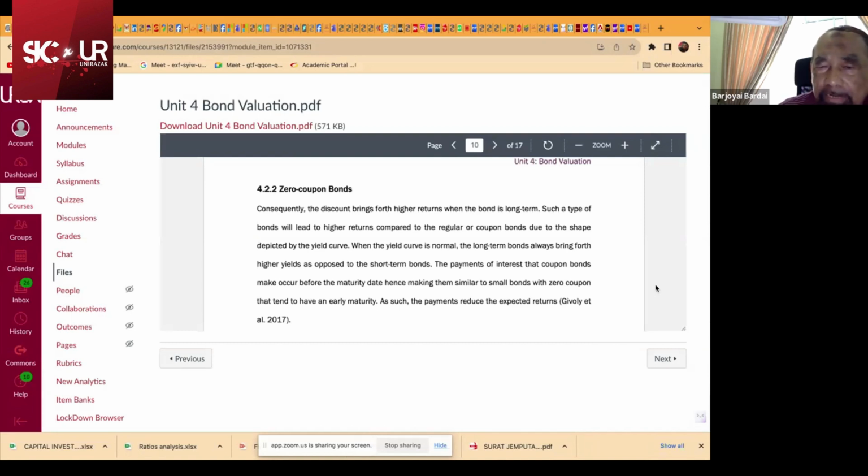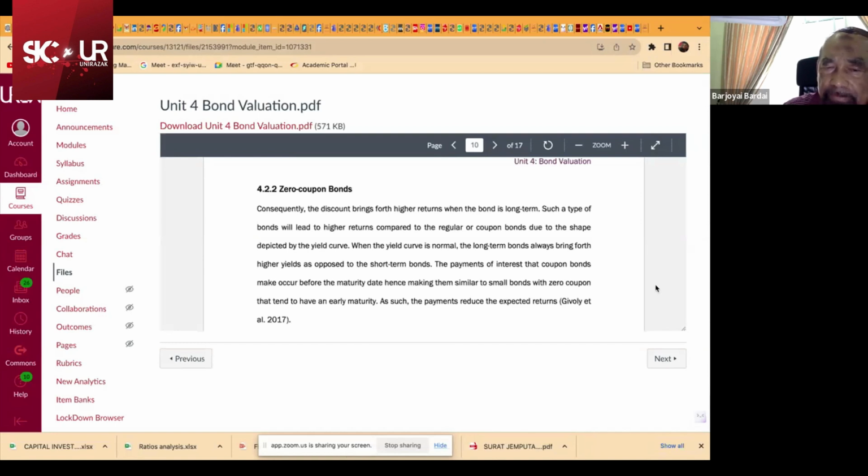When the yield curve is normal, then the long-term bond always brings forth higher yield as opposed to the short-term bond. The payment of interest that a coupon bond makes occurs before the maturity date, hence making them similar to a small bond with zero coupon that tends to have an early maturity.